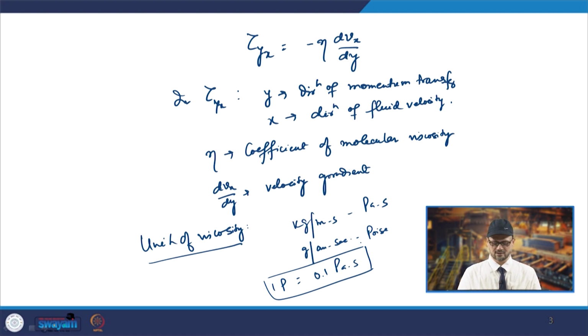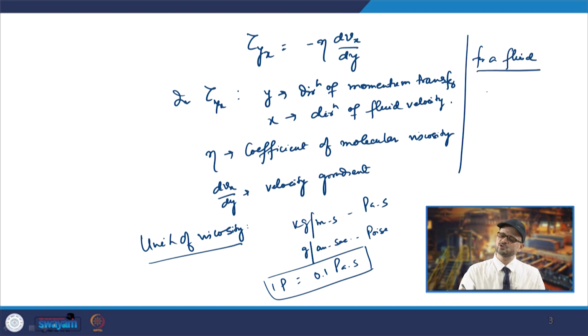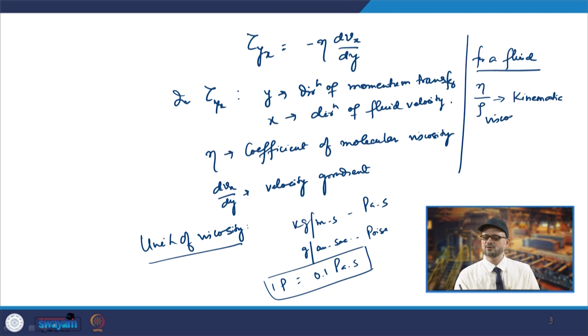Now, we have another term with viscosity. So, in the case of engineering analysis, we normally define the viscosity also in terms of viscosity to density ratio. So, for a fluid, when we take the ratio of the viscosity to its density, that is known as the kinematic viscosity. And this kinematic viscosity is represented by the term nu, and its unit is actually meter square per second.